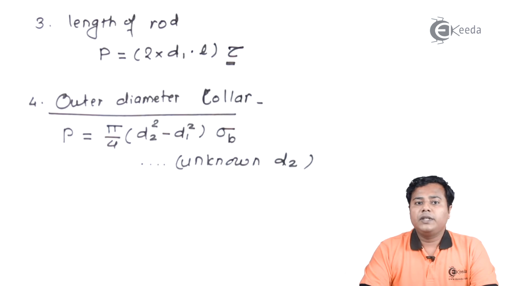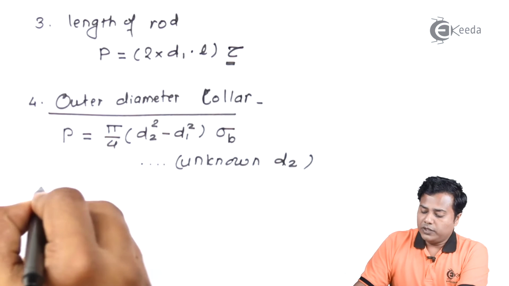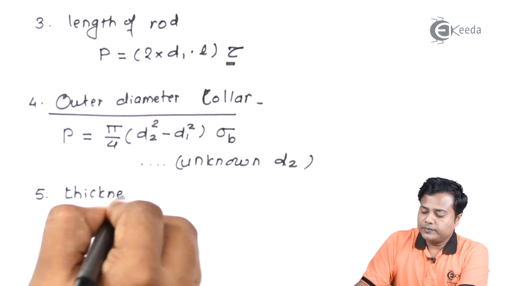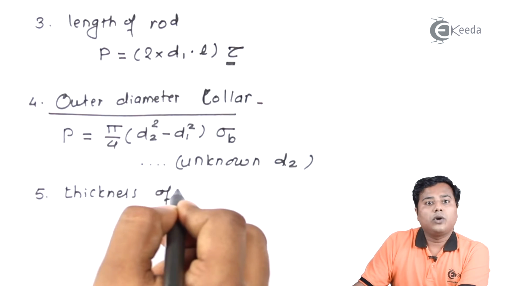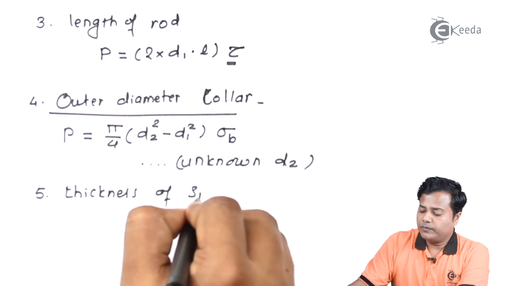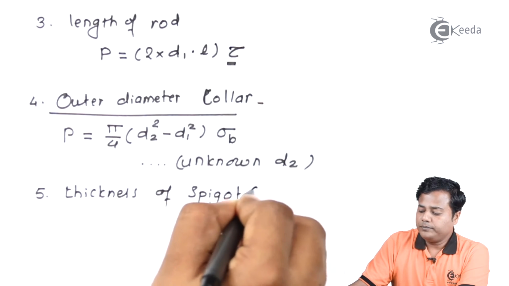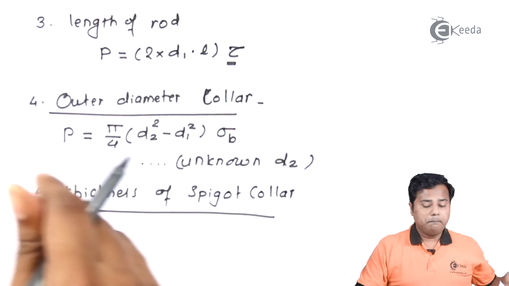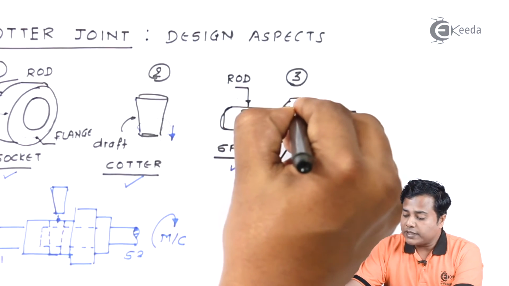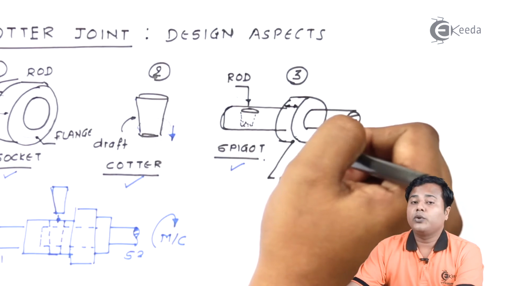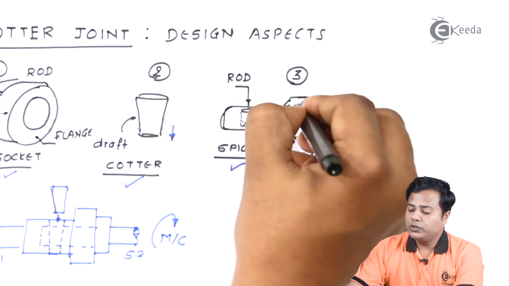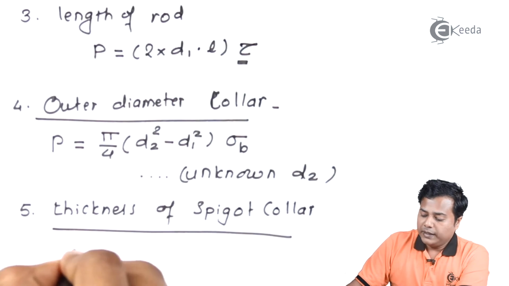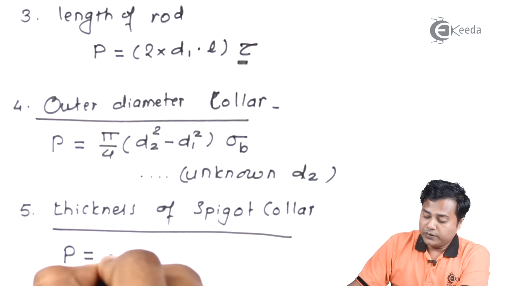Let's move ahead with the last parameter of spigot, that is the thickness of collar, spigot collar. Now this is the thickness across this length that we are going to consider for collar. So the formula again says that P, which is the axial load, is equal to pi.